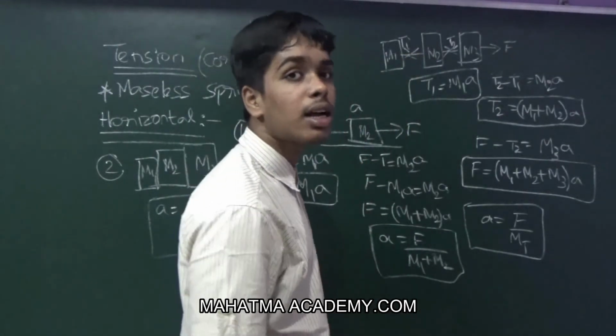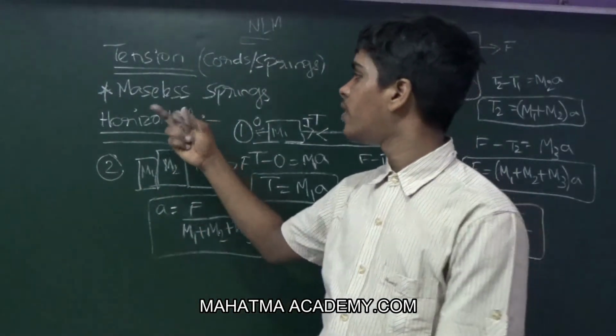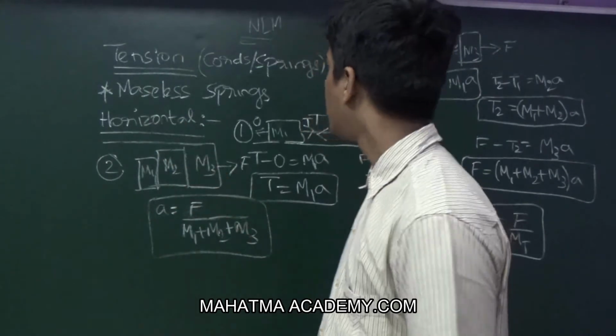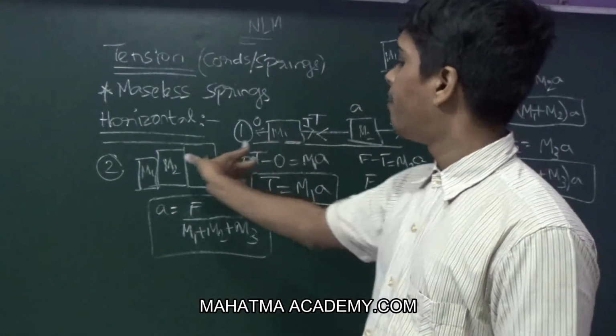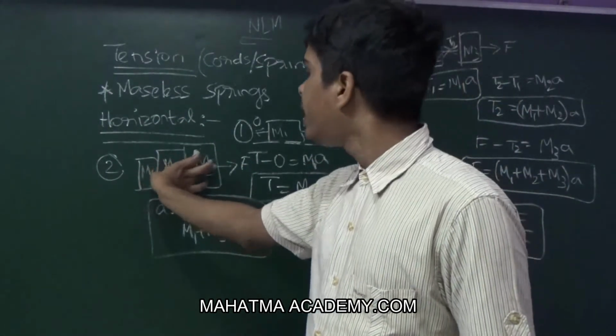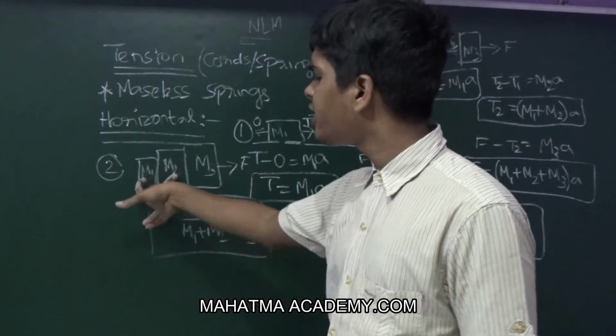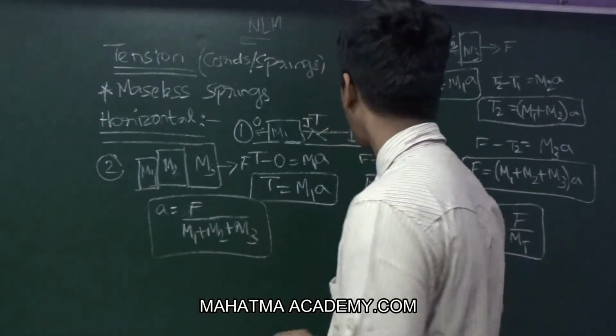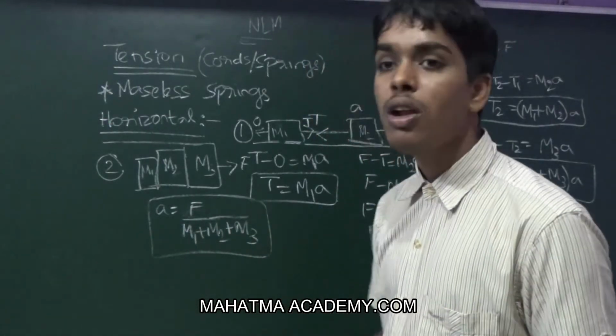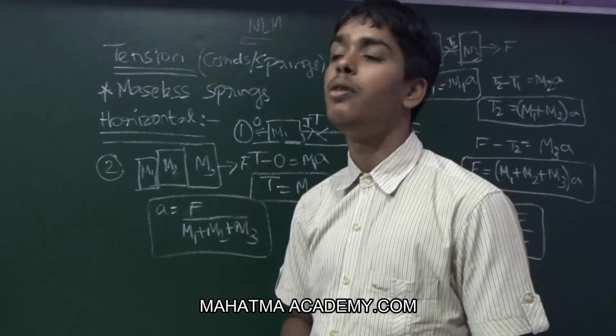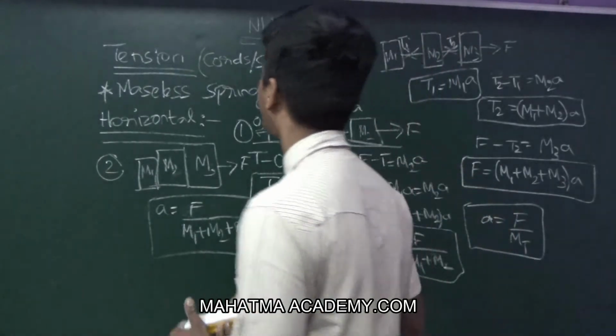Okay, this is the trick. Now we have discussed the horizontal case for two blocks and for three blocks without any connection. Now we want to assume that there is a connection between these two. Now we are going to discuss the horizontal one.